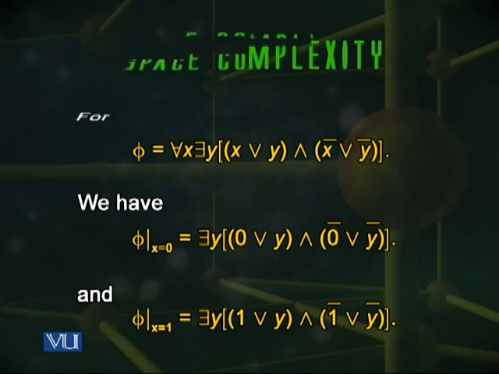So if you have a fully quantified Boolean formula on n variables, you can get two formulas. One will be by taking the first variable, throwing its quantifier away, and in the formula substituting every occurrence of that variable by 0, and in the other case by 1.